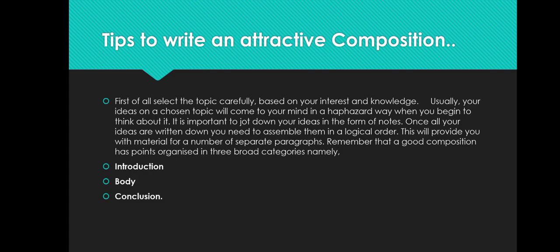Like this you can write short bullet points so that you get the material to write in your composition. If you have the short bullet points, you can expand them into two to three lines each, and through this you are able to write the whole 450 words.